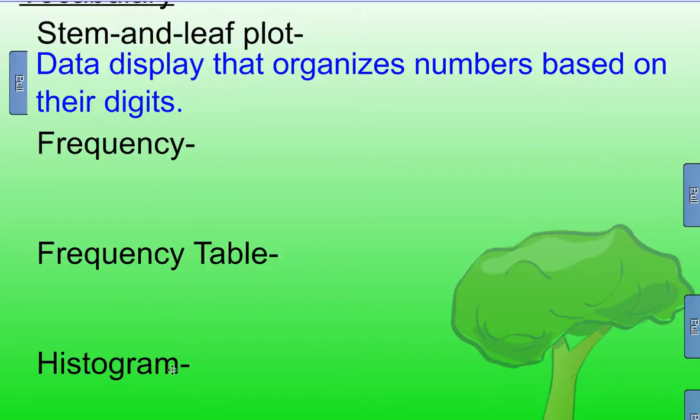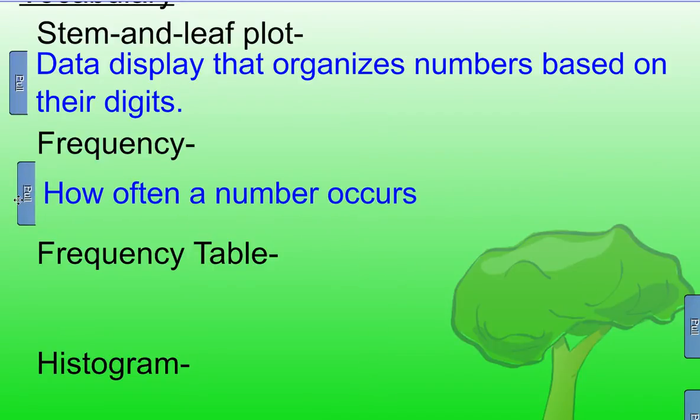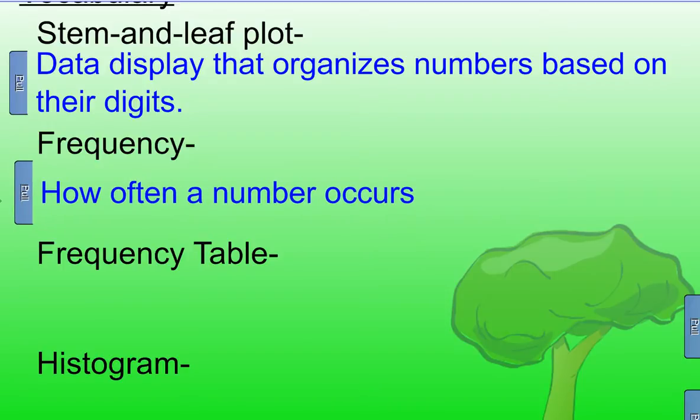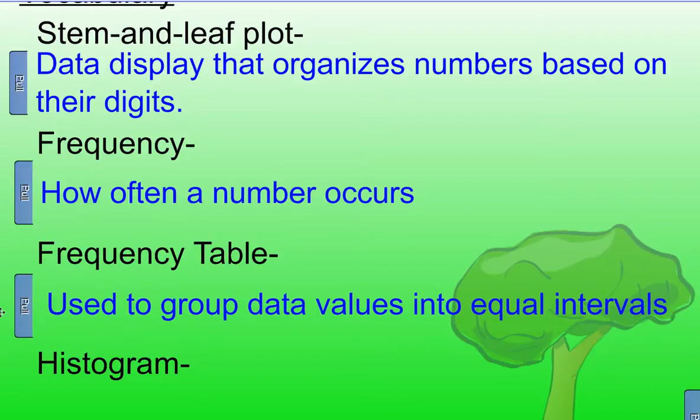Now, these next 3 words are talking about a histogram. Histograms are another way to show a set of data. And the first thing you have to do to make a histogram is find the frequency, how often certain numbers happen within certain ranges. Once you find the frequency, you put all that information into a frequency table.